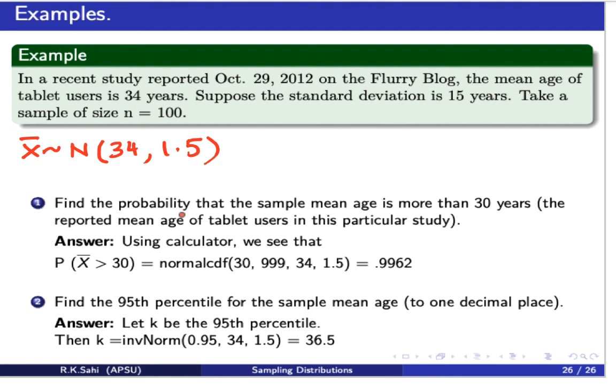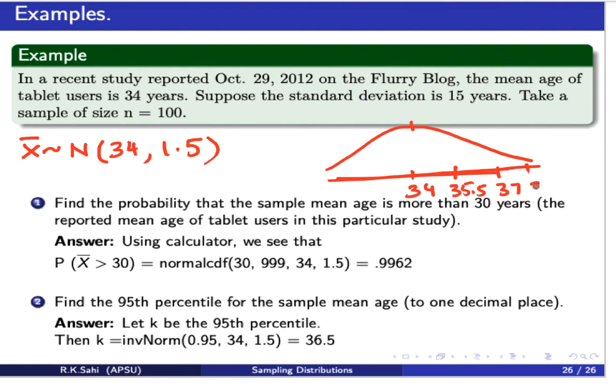What is the probability that the sample mean age is more than 30 years? Let's first make our sampling distribution, just a rough sketch. The mean here is 34, and you're going in steps of 1.5, so it is 35.5, another 1.5, 37, another 1.5, 38.5.